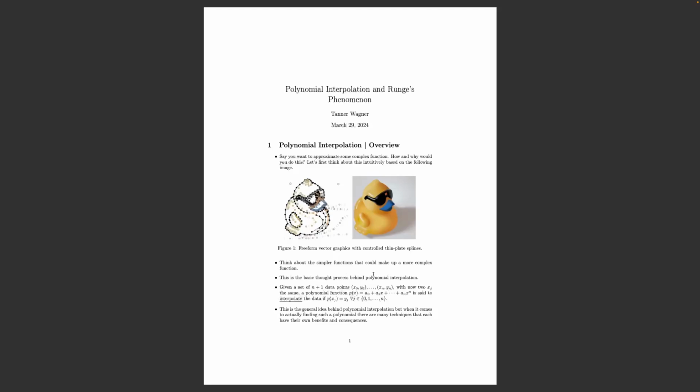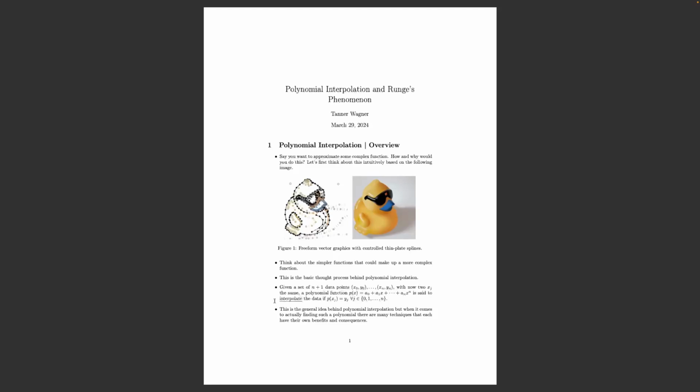So as I was mentioning, think about the simpler functions that could make a more complex function. This is the basic thought process behind interpolation. So now we'll get into the definition stuff. I want to mention that this will involve a lot of math, but it's meant to be an overview. So we'll just involve general proofs and definitions, but I wanted to try to stay as general and rigorous as possible when it comes to the math.